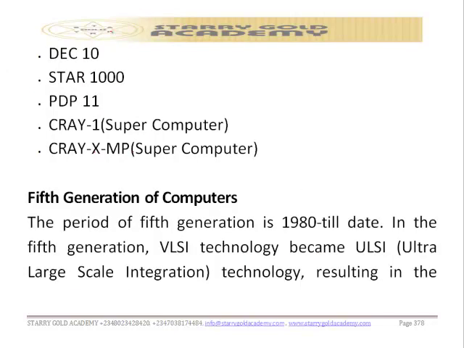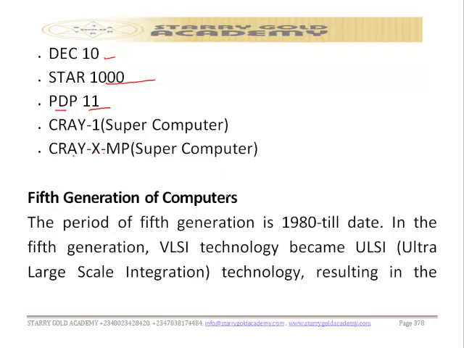I said some of them are DEC 10, we have Star 1000, we have PDP 11. We have Cray 1. We call this one a supercomputer. Cray XMP. This is another supercomputer.